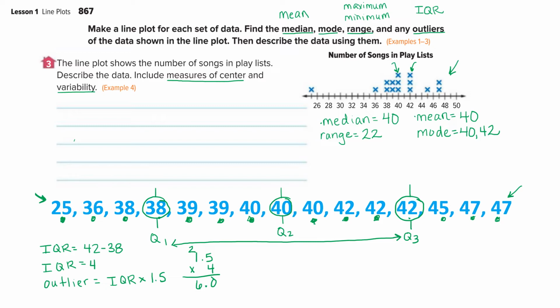I am going to add 6, and I'm going to take away 6. So 42 plus 6 equals 48. So that's actually going to go way up here, 48. So on the upper portion of our data, we have no outliers.